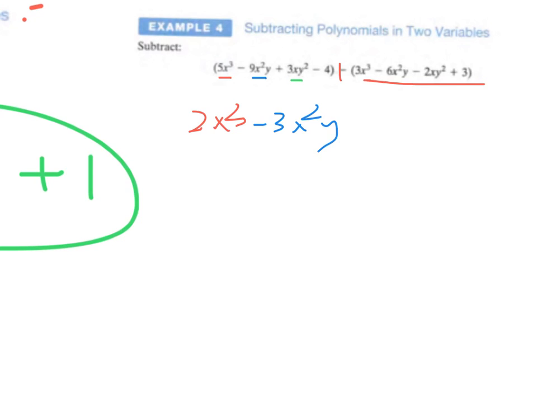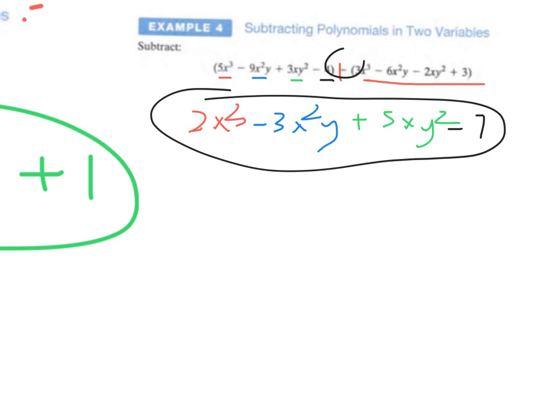I have a +3x squared, and now this becomes a positive, so that's just a 5xy squared. Notice that the letters never change. And then if I look at my -4, but I have a -3, that becomes a -7 when I add. So here is the key factor. You need to change subtraction and change all those to the opposite sign.